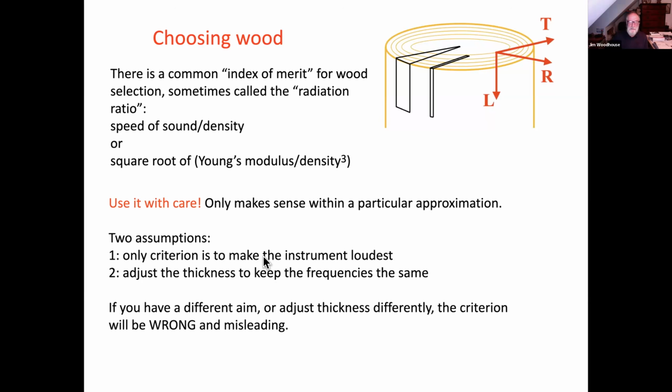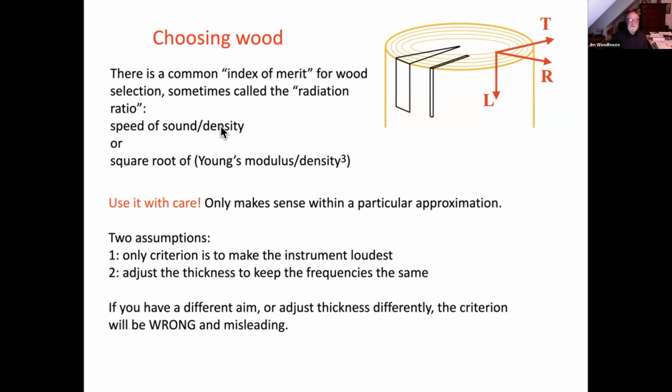Maybe you do want to make loud instruments, but do you necessarily adjust the thickness to keep the frequencies exactly the same? There might be other considerations that govern your graduation pattern. In particular, if you kept the same graduation pattern, if you use different materials but the same thickness pattern, then you could go through the same little piece of mathematics, but you would get a different answer.